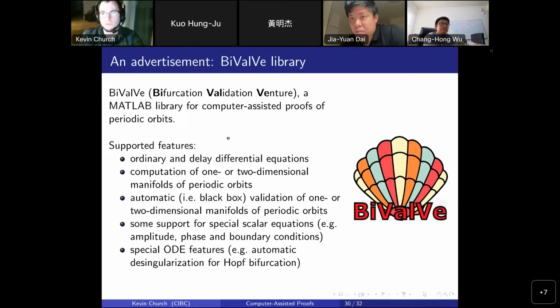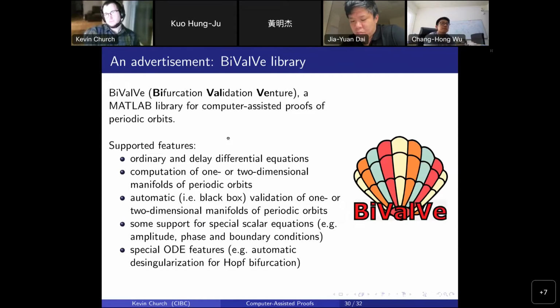The three-dimensional vector field I showed you before, where there are non-polynomial nonlinearities, can be handled using this library, but you need to do some work beforehand. The nice thing about it, though, is that once the problem has been cast into the right shape, all those bounds like Y and Z needed for the computer-assisted proof are done by the library.